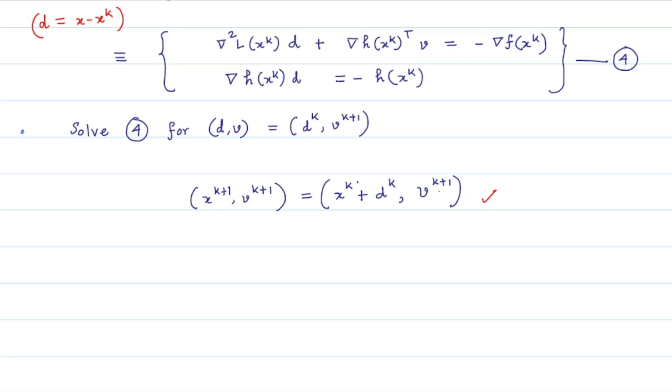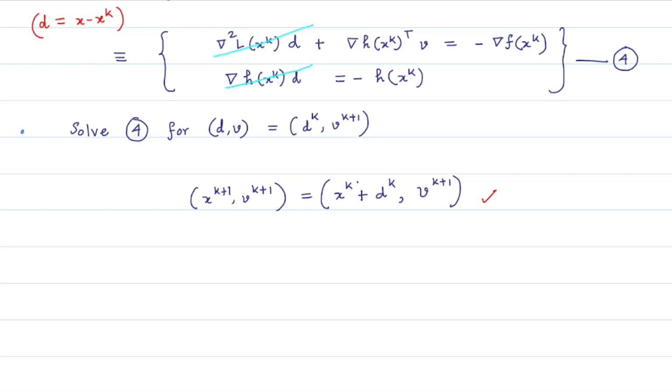And now here we fascinatingly note that when your xk+1 minus xk is equal to the null vector, that means when dk is equal to the null vector, then the system 4 reduces to not having this component as well. Here on the left hand side in the second equation, this component is equal to the null vector.